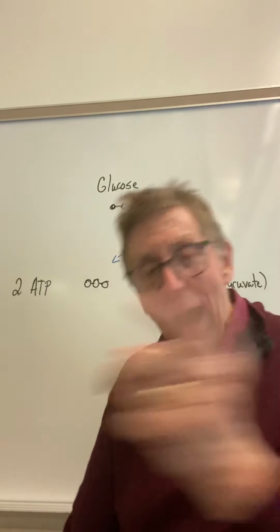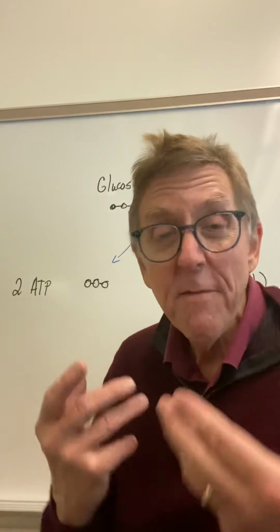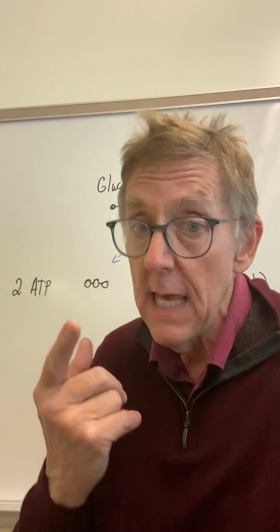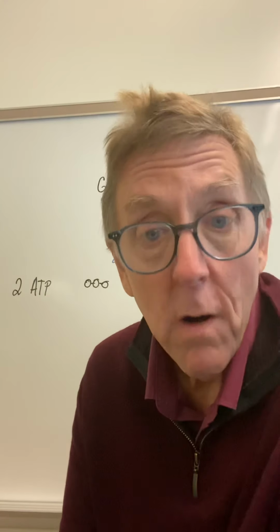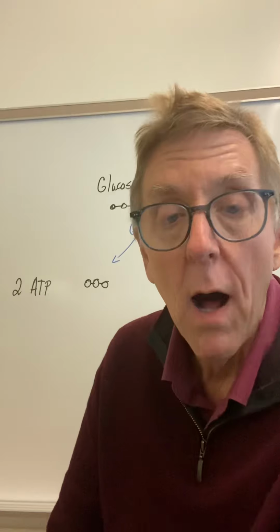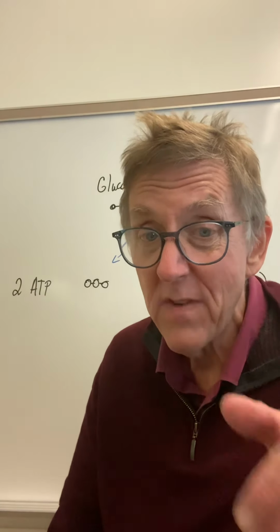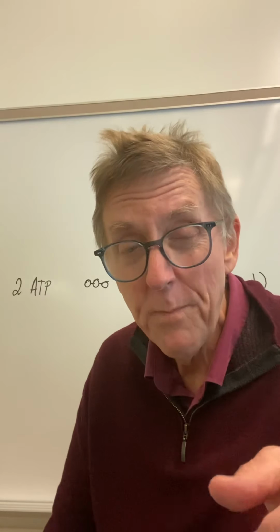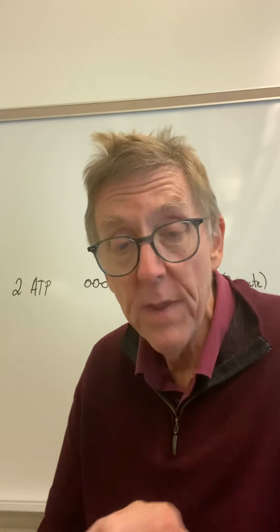But with us, we keep on going because we very efficiently break down and release the energy stored in those chemical bonds. So the next step in the story is going to be the Krebs cycle. It's also known as the citric acid cycle.